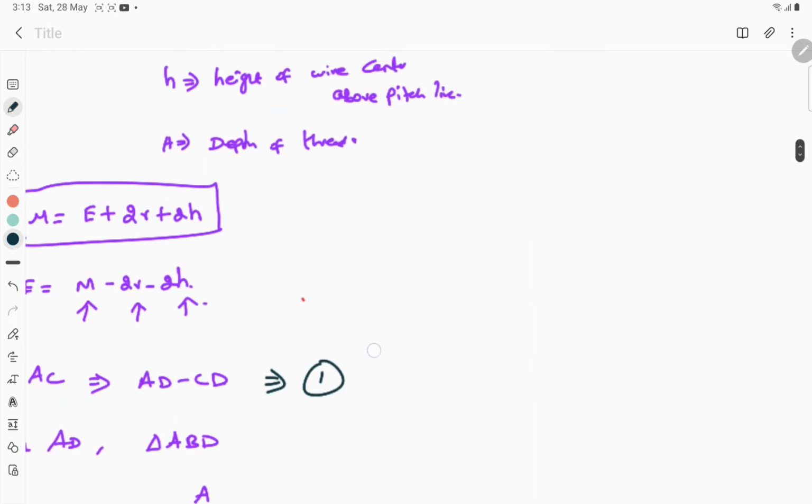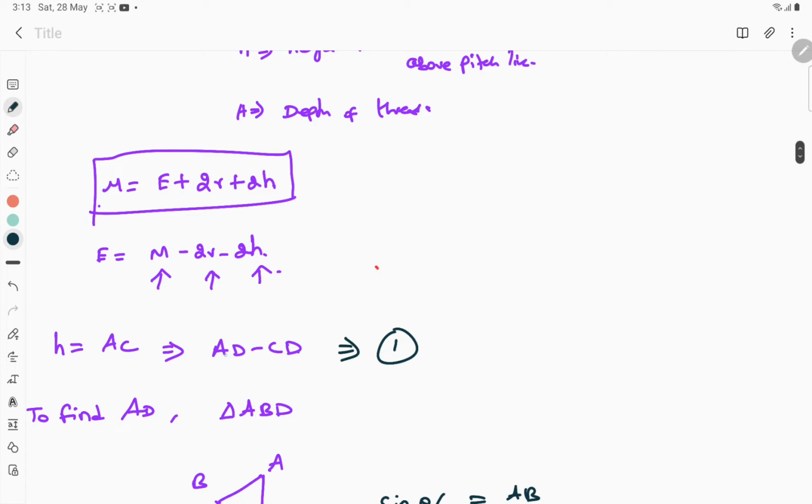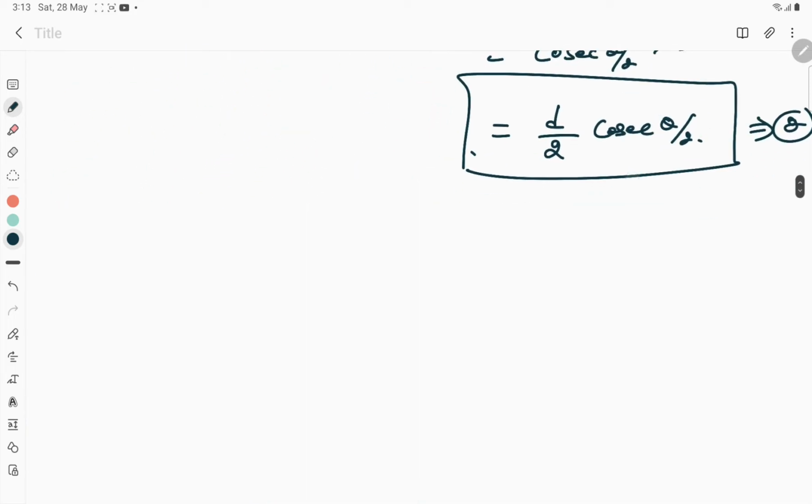Now from equation 1 we have calculated AD. We are interested to calculate CD only now. So to calculate CD, consider triangle DEF.